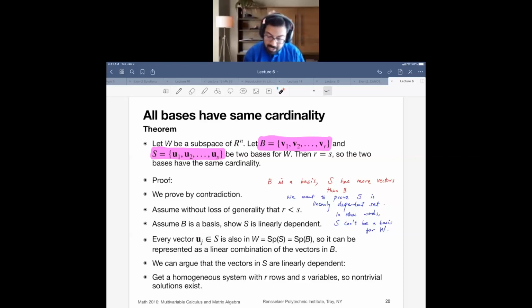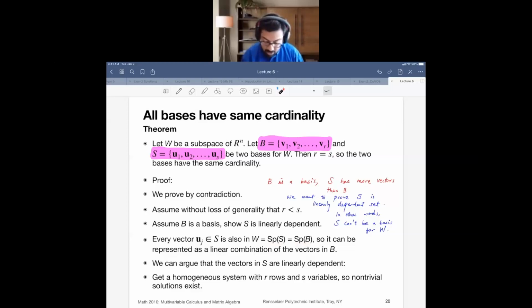You should be able to take any vector in B or any vector in S and be able to span W. So you can write this statement: W equals span of S, which should be equal to span of B. Any linear combination of the v's or any linear combination of the u's should get you anywhere in the subspace W. So it can be represented as a linear combination of the vectors in B, right? We are trying to represent the u's as a linear combination of vectors in B because their spans are the same.